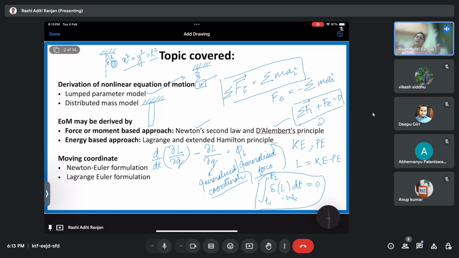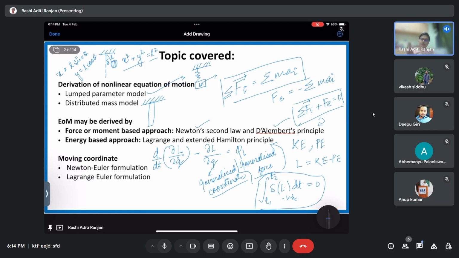So x and y are my physical coordinates, and hence I convert them into generalized coordinate, where generalized coordinate is nothing but theta, because my x is equal to L sine theta and y is equal to minus L cos theta, right? So I convert it into the generalized coordinate because it then makes my problem easier, right?